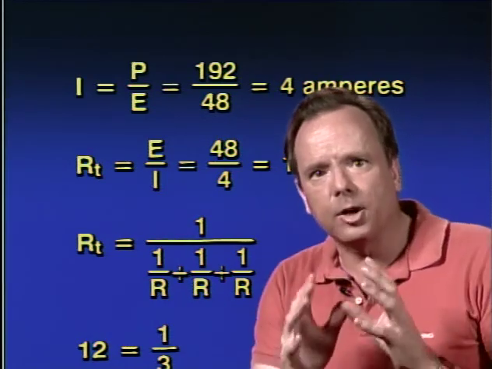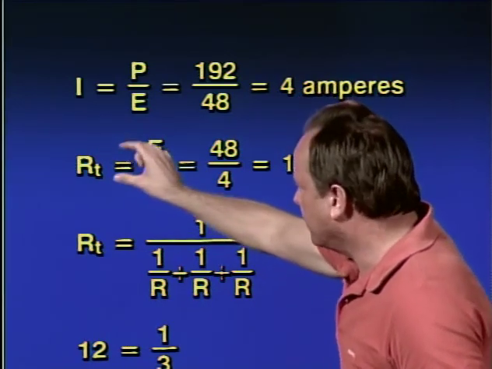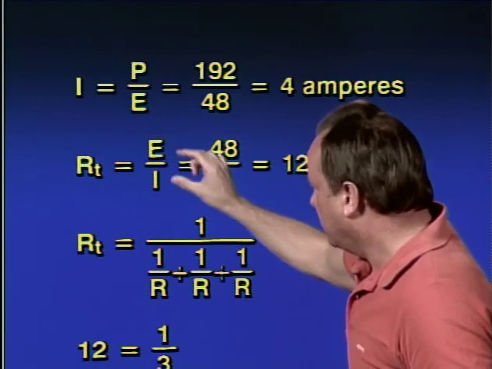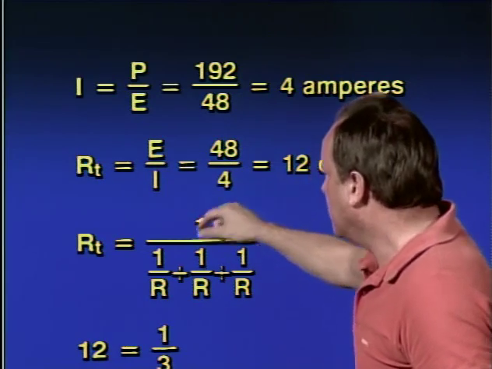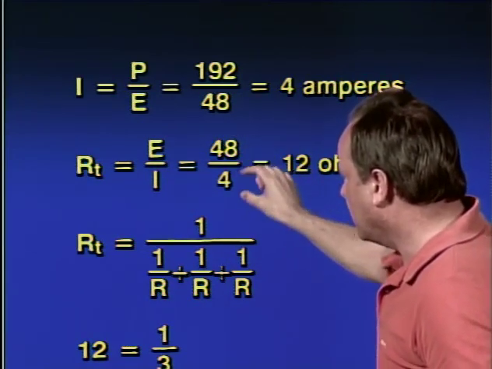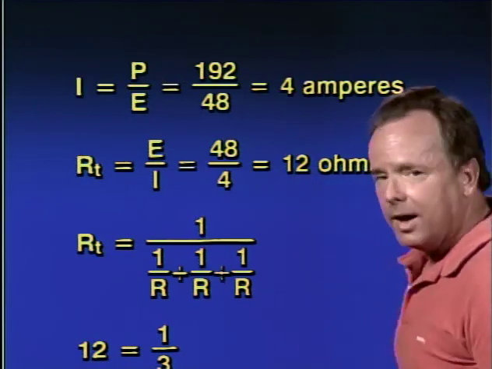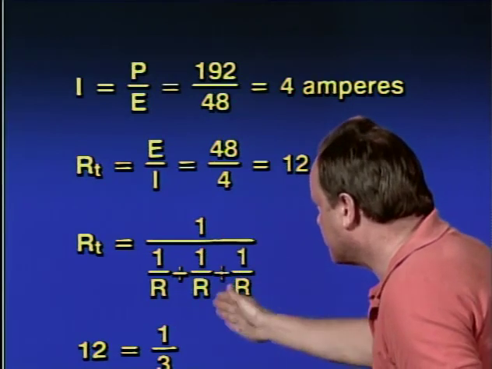All right, now let's take a look at what the total resistance is. The total resistance for the entire circuit is equal to the electromotive force, which is E, which is volts, divided by the current in amps. The volts was 48, the current in amps was 4, the total resistance was 12 ohms. Now that total resistance is made up of 3 identical resistors.